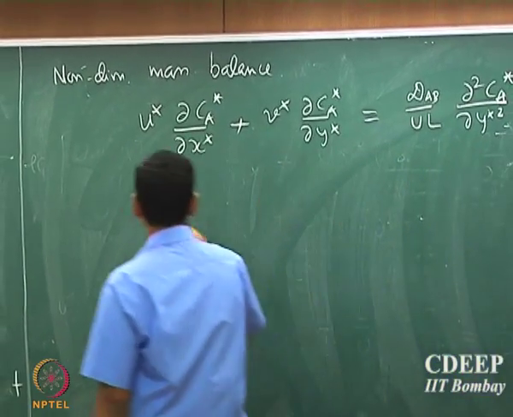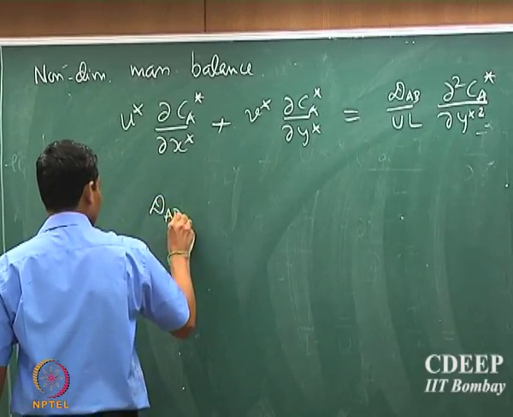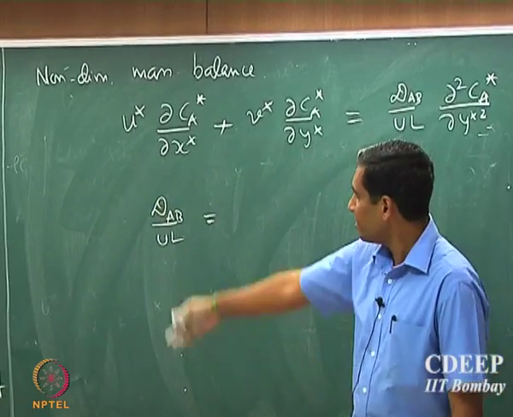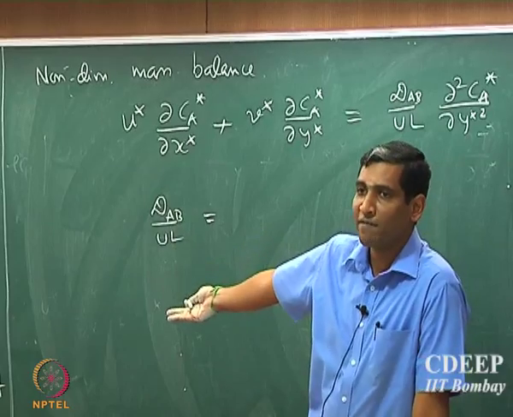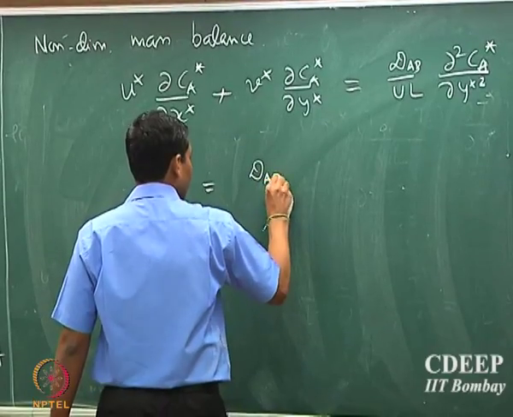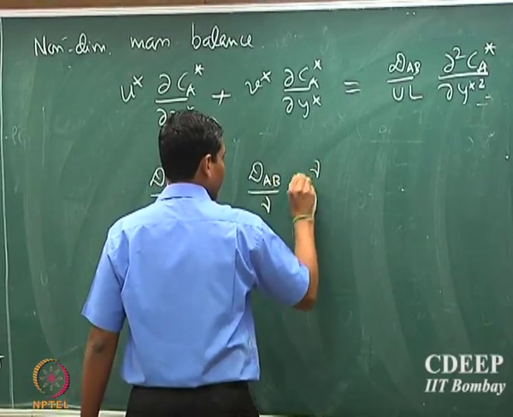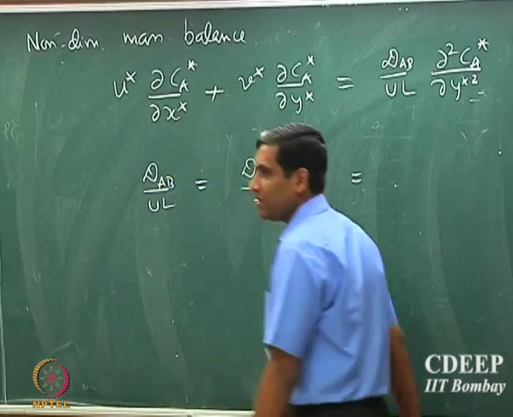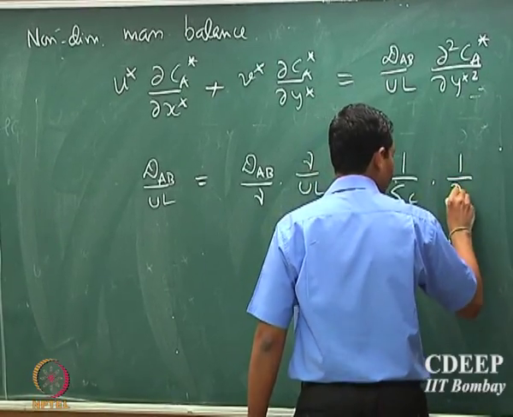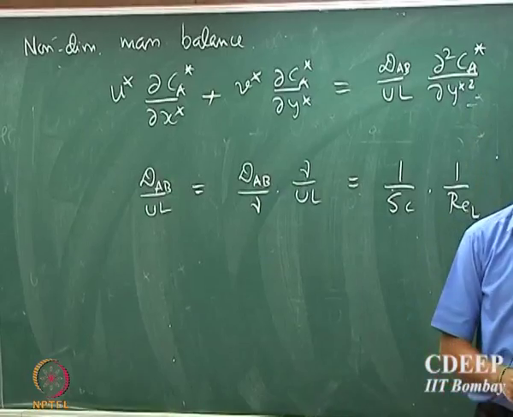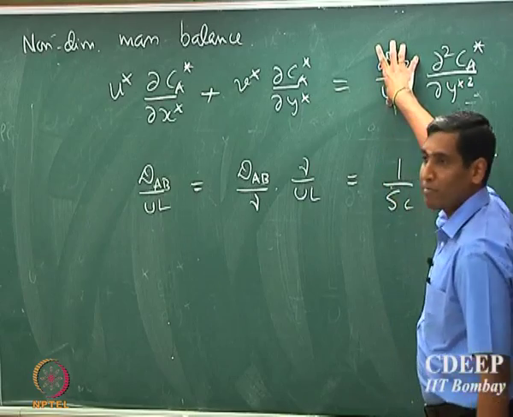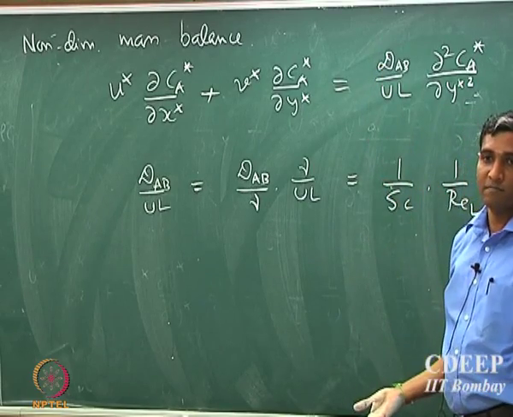Okay. So what is DAB by UL? Very similar to what we did here, we multiply and divide by the kinematic viscosity. So there will be DAB divided by nu into nu by UL. So that will be 1 by Schmidt number into 1 by Reynolds number. Okay.